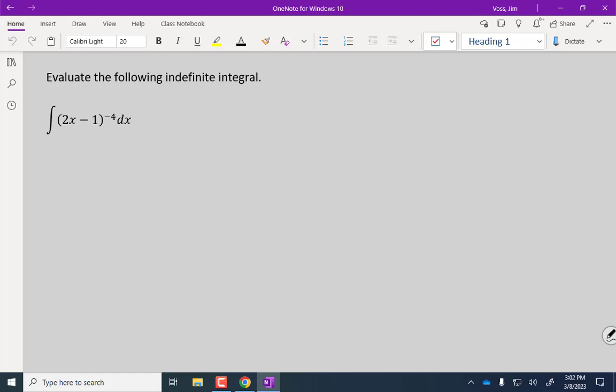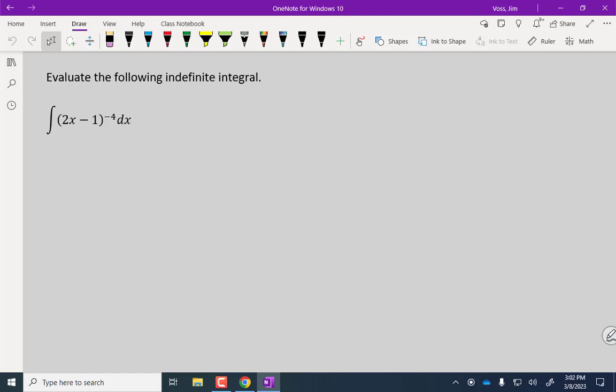Okay, so let's get back to basics. This is a reverse chain rule problem. If we have a power, we can use the power rule. So we will take the base, which is 2x minus 1, add 1 to the exponent, divide by the new exponent, and then divide by the derivative of what's inside.